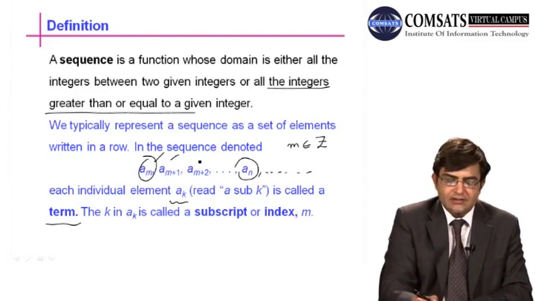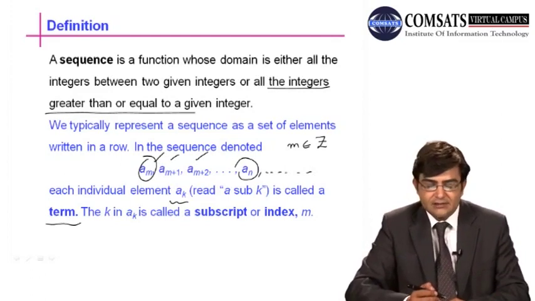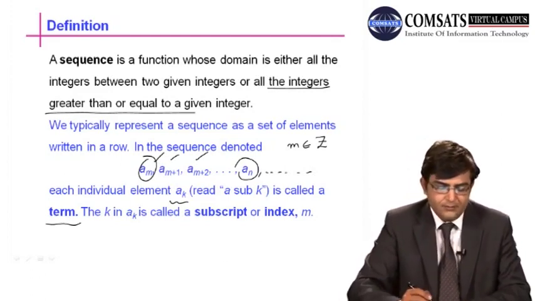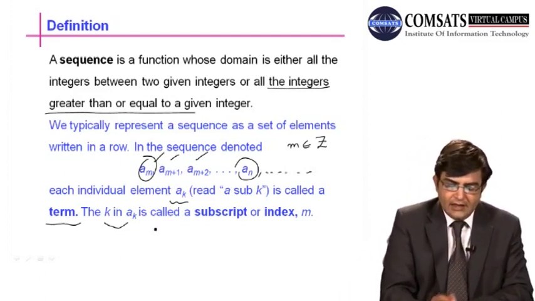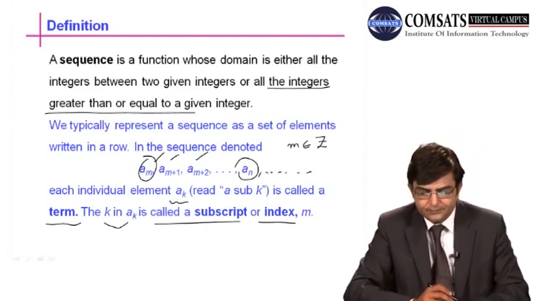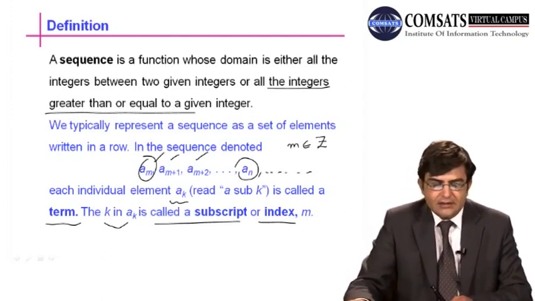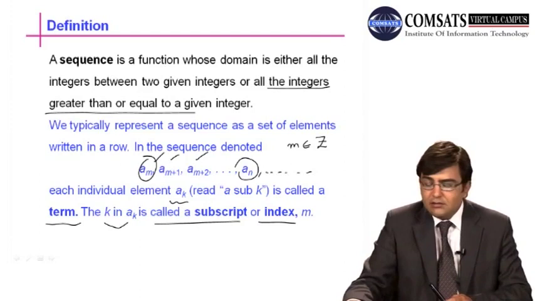So this is a term, this is a term, this is a term. All the numbers in the sequence are called terms. The K in A_K is called a subscript or index of that sequence. So this is basically the definition of a sequence.